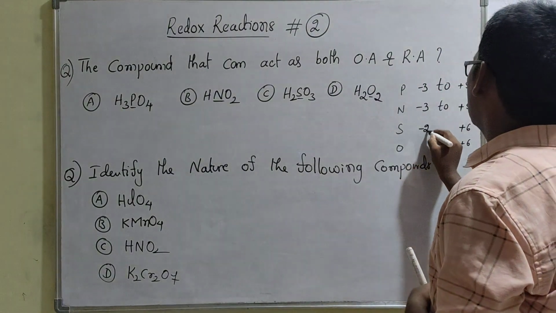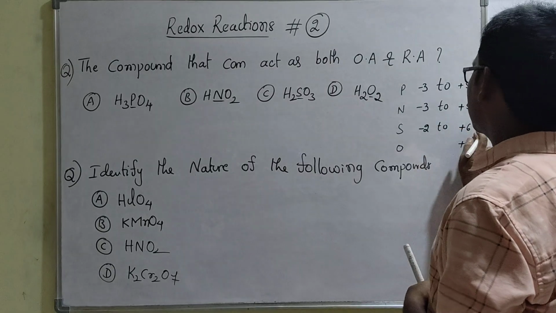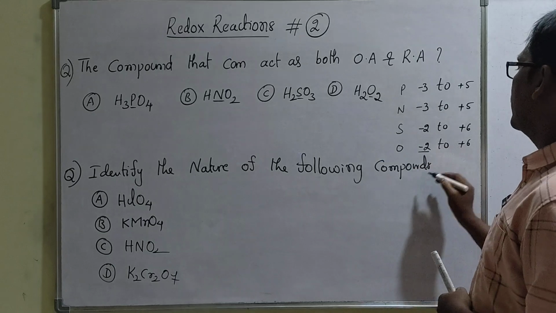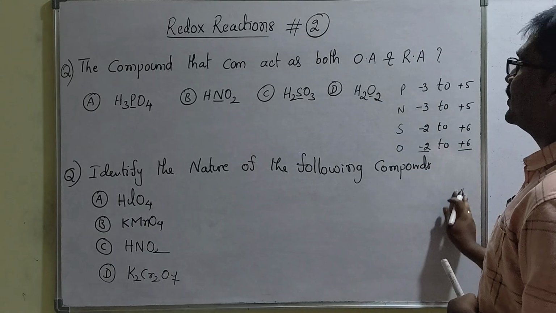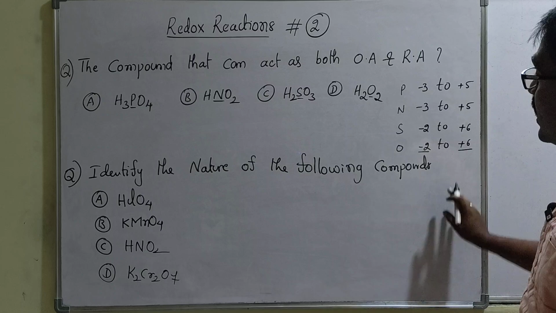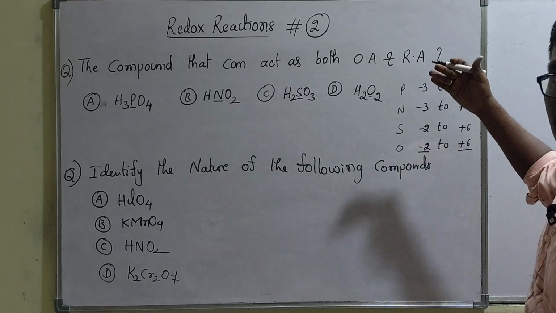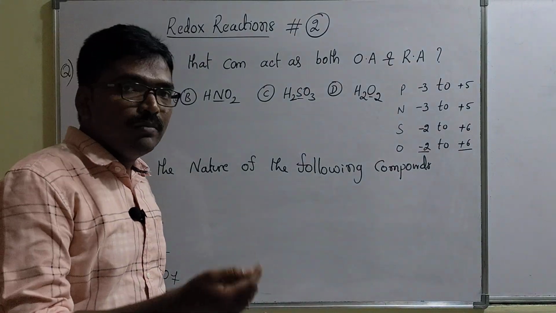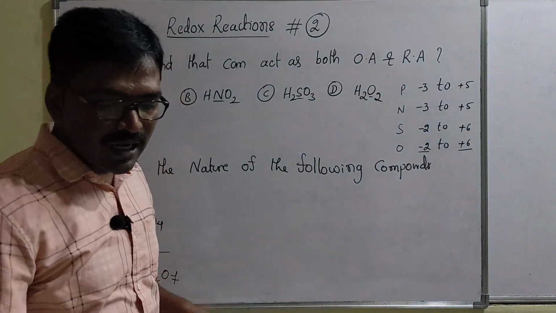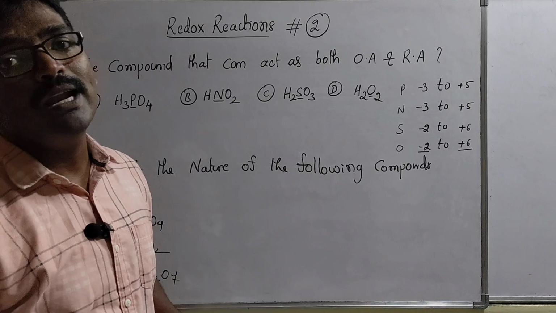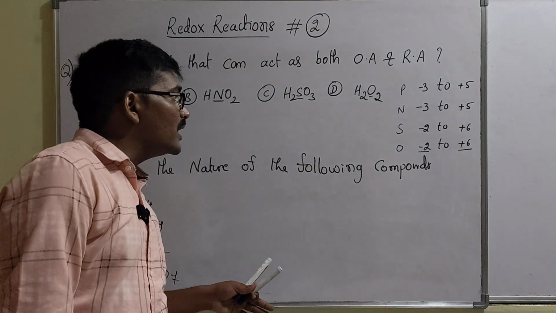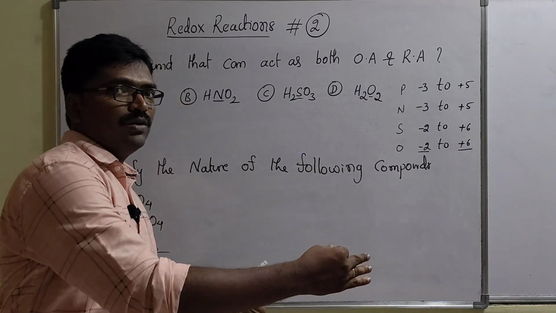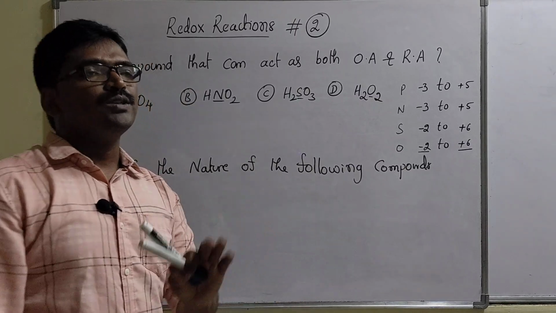So minus 2 to plus 6: minus 2 is the minimum and plus 6 is the maximum. Look, my dear students, the highest or maximum oxidation state works as an oxidizing agent. The minimum oxidation state works as a reducing agent. The intermediate oxidation state works as an oxidizing agent as well as a reducing agent, right?